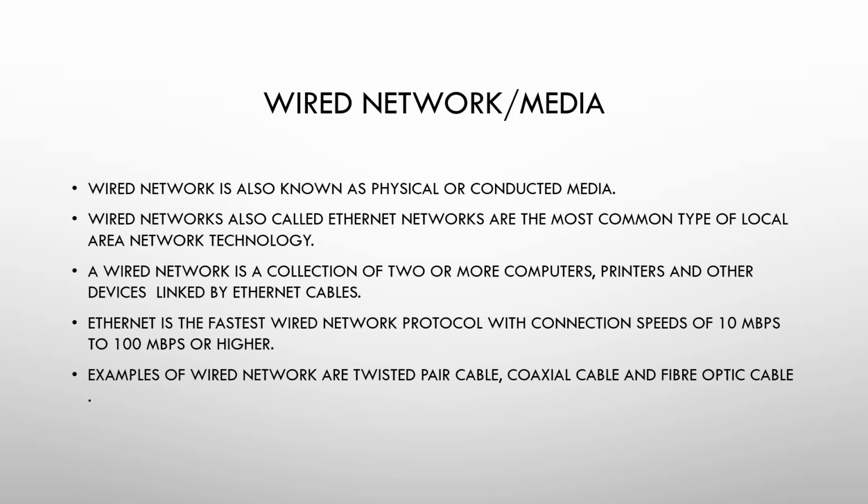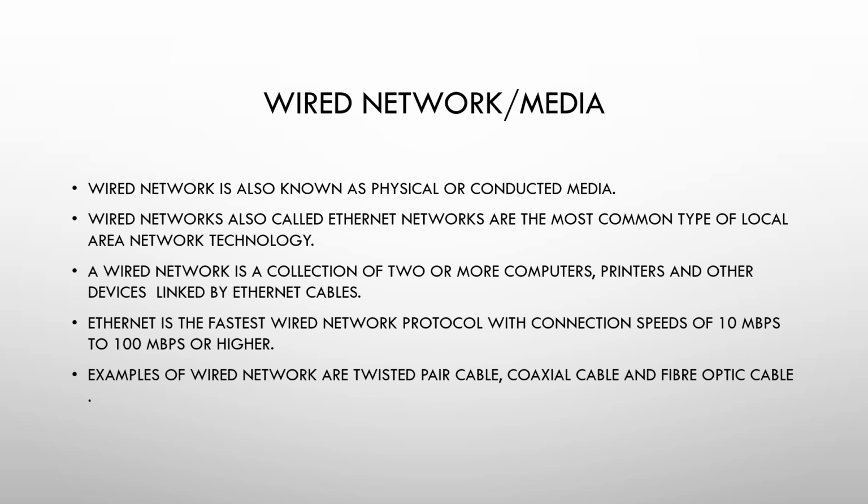Now, in your home, if you have a printer and a computer or any other devices that are connected through a LAN cable or via a USB cable, that is nothing but a local area network technology. A wired network is a collection of two or more computers, printers, and other devices linked by Ethernet cables.